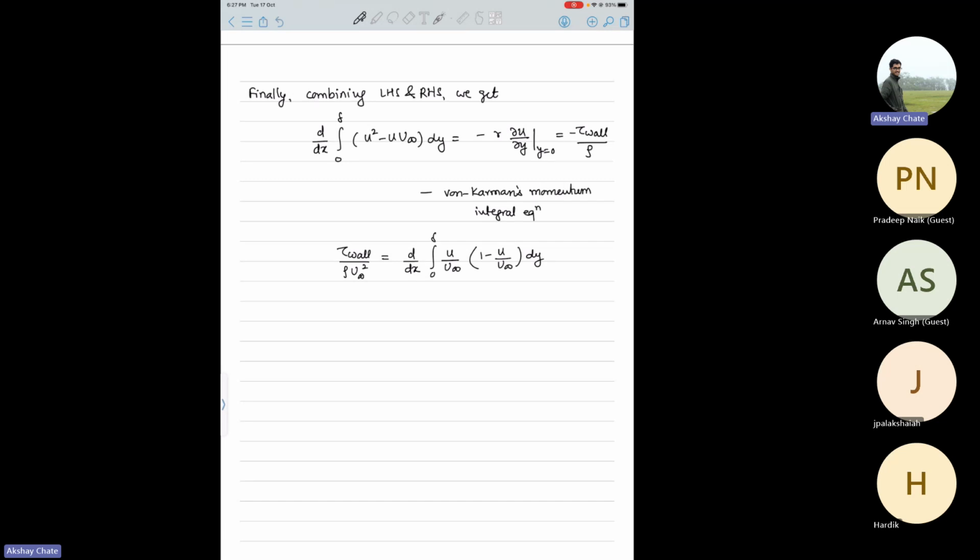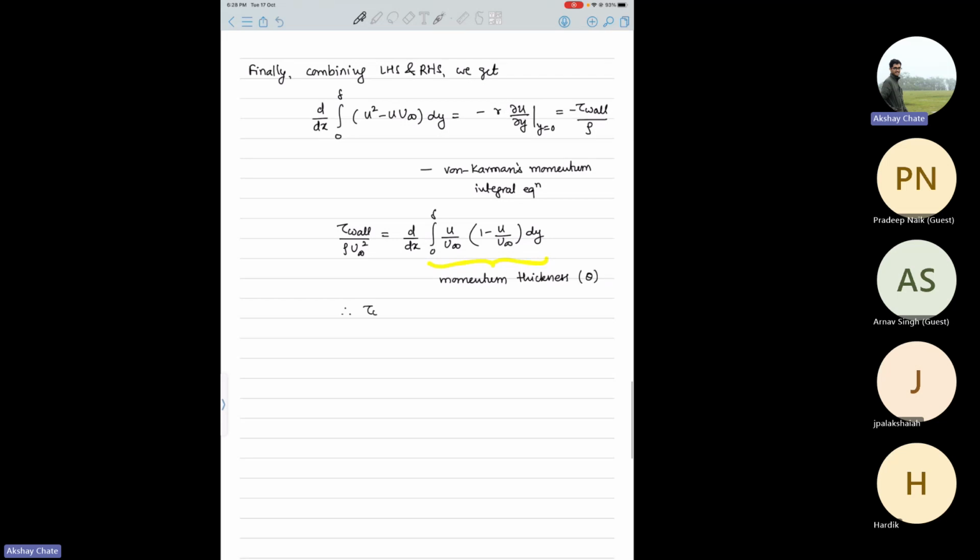And now, if you remember from our previous class, this is nothing but the momentum thickness. So typically in literature it is denoted by theta. So if you do that, you get tau wall by rho u infinity square as d by dx of theta, because this term will go with theta, so it will be only theta.